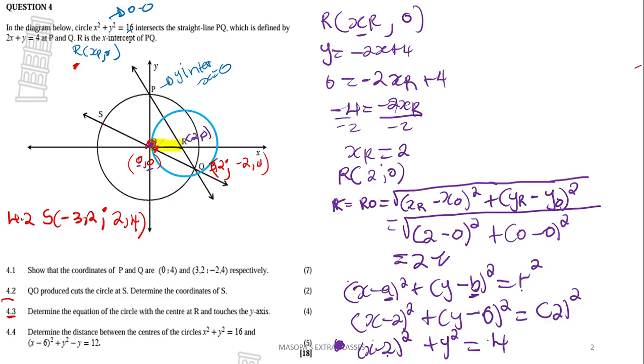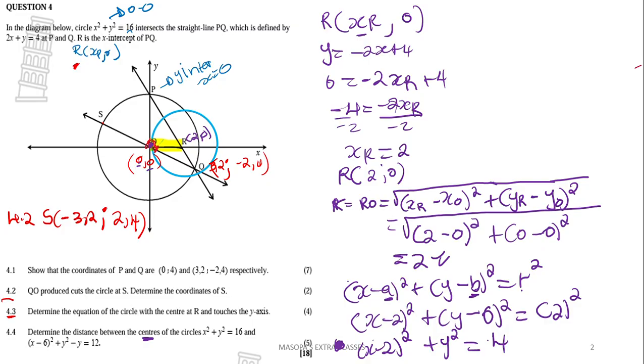Okay. Now, when you look at the last question, 4.4, it says that we have to determine the distance between the centers. Remember, how are you going to determine the distance between the centers? You're going to need the coordinates of the centers of both circles, right?